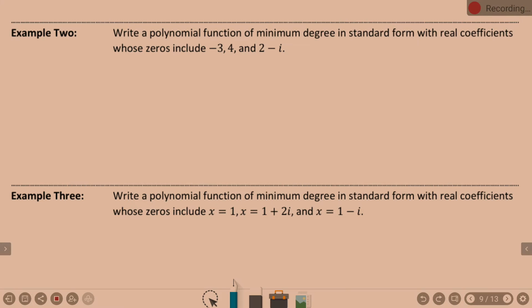We have to write it in standard form, but where are we going to start? We're going to have to start in factored form. Yes. What do you know? A zero of -3 is going to be a factor of x plus 3. A zero of 4, x minus 4.